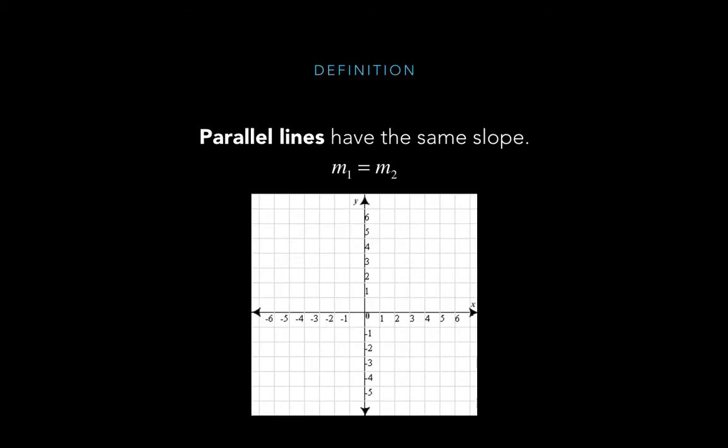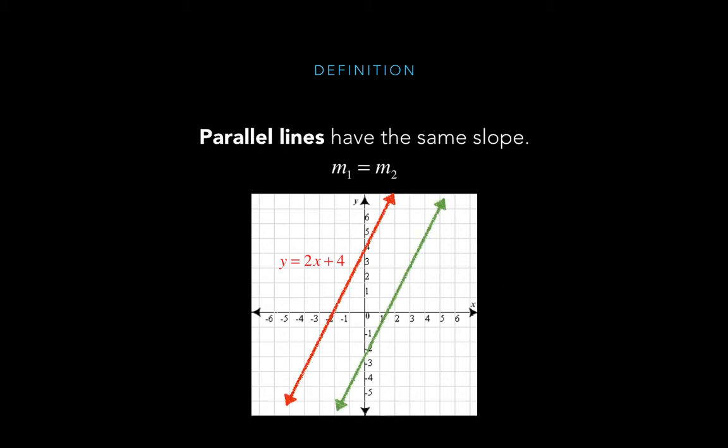All right, definition here for you. Parallel lines, they have the same slope. So the slope of line 1, M1, would have to be the same as the slope of your second line, or M2. Here's one equation, y equals 2x plus 4, and its graph.